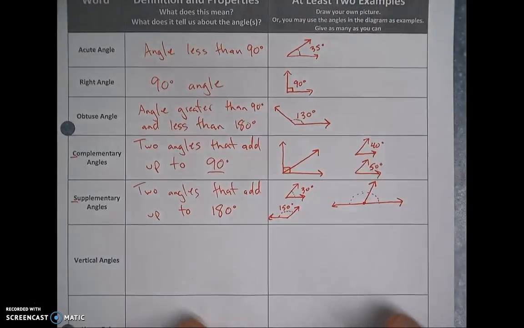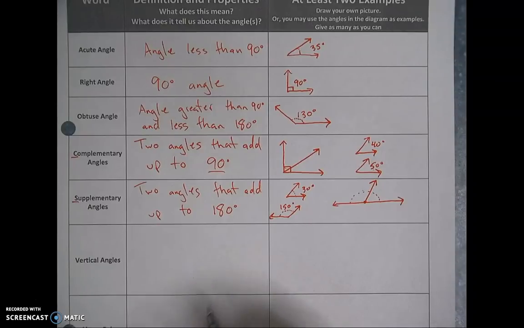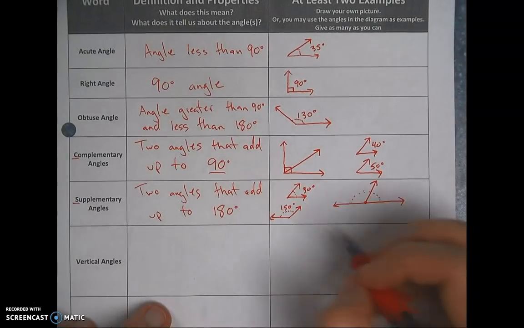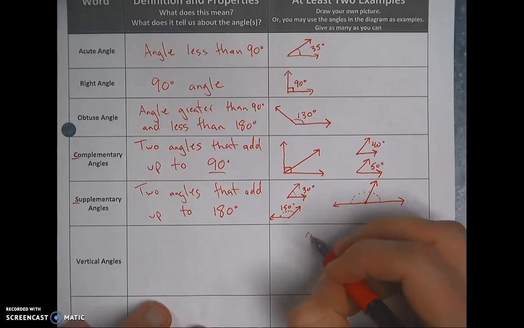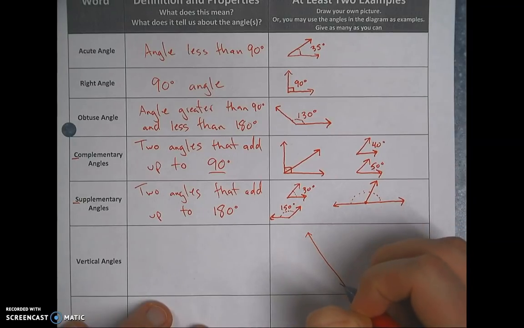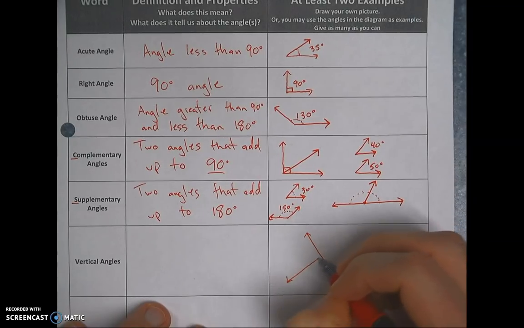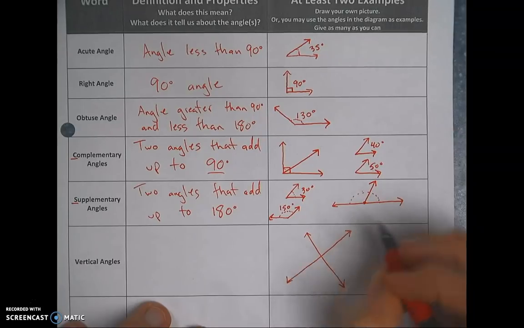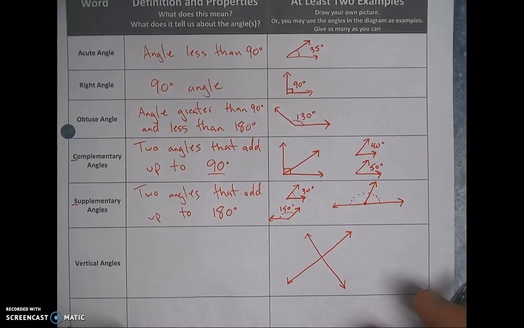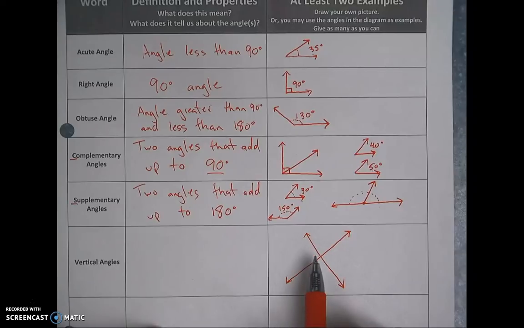Okay, vertical angles. These are special ones that are formed, and let's actually look at the picture first. When two lines cross each other, vertical angles are formed. Okay, so what happens is I've got four angles.